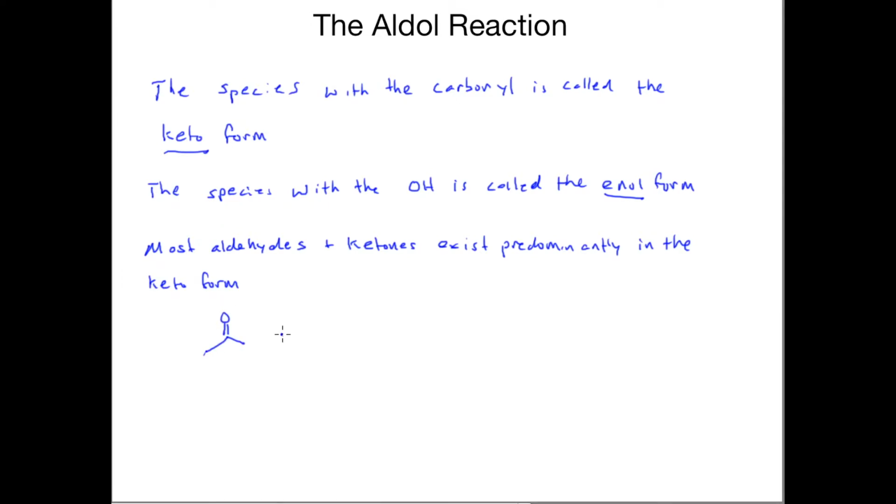Do I have acetone or do I have the enol of acetone? It turns out that I have 99.9997% acetone. So basically, I just have acetone. And the enol form is 0.00003%. So I don't have any of that.